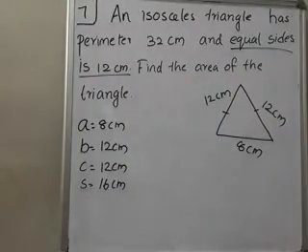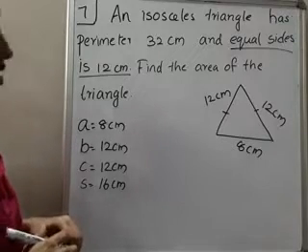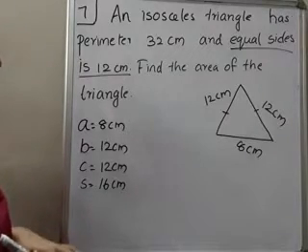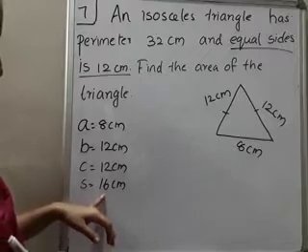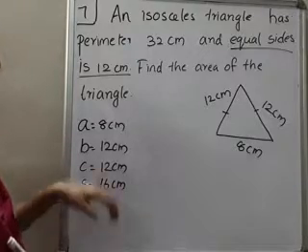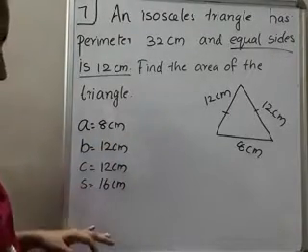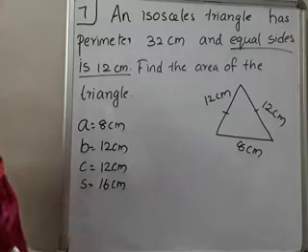Okay, then please find the area. Area of the triangle is equal to the formula root of S into S minus A into S minus B into S minus C. So that is equal to root of 16 into 16 minus 8, which is 8, into 4 into 4.